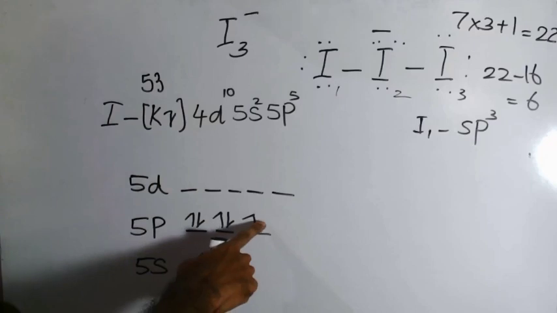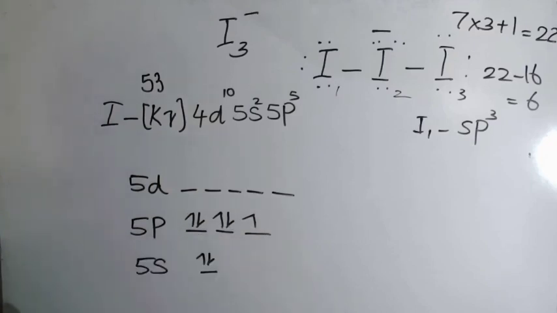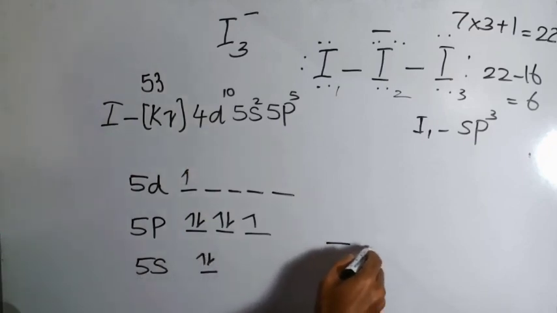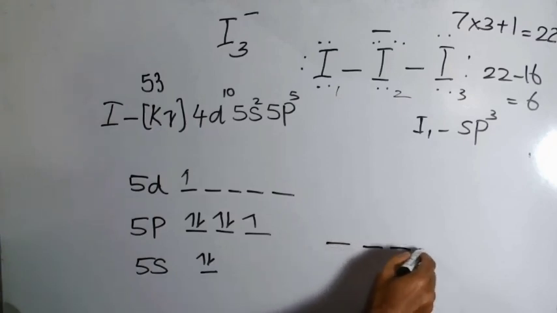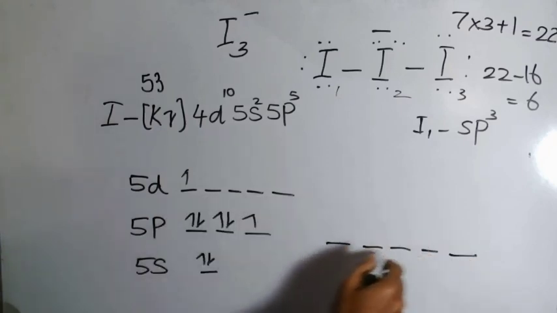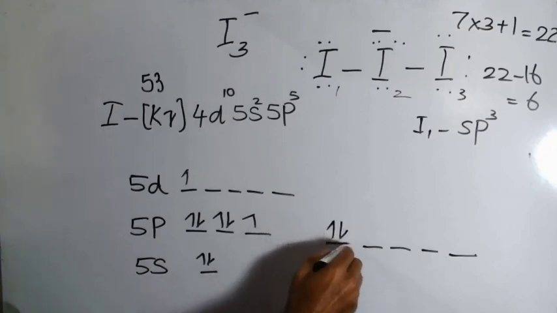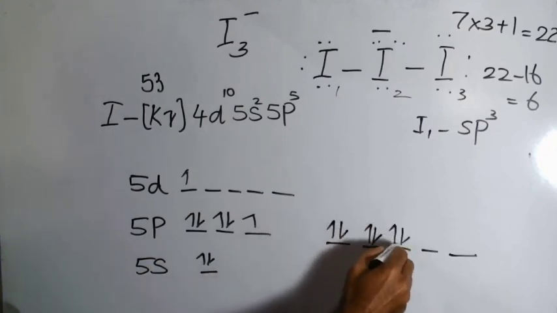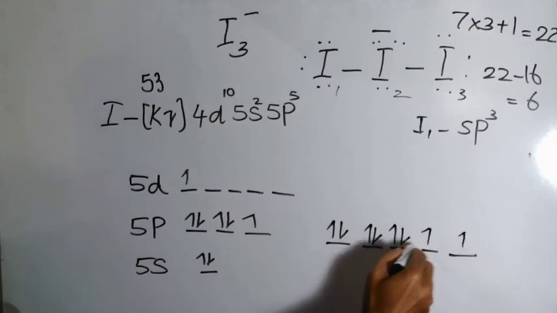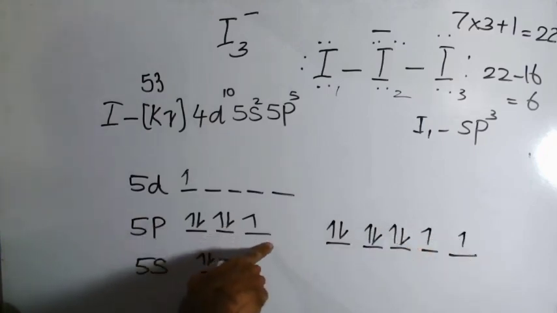Now I can add that electron either here or here. But if we add it here, then the p orbital becomes completely filled, so it cannot be used for bonding. Because of that, I am going to add that electron here. Then I can take one from s, 3 from p and 1 from d. Now you can see 3 lone pairs and single electrons in p and d orbitals.